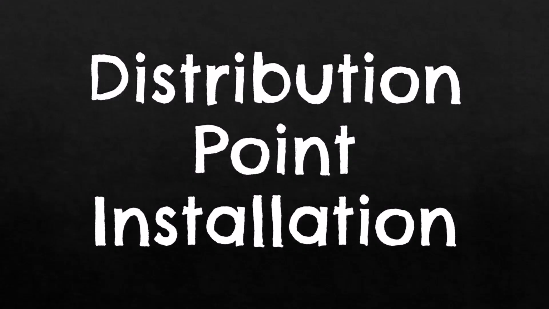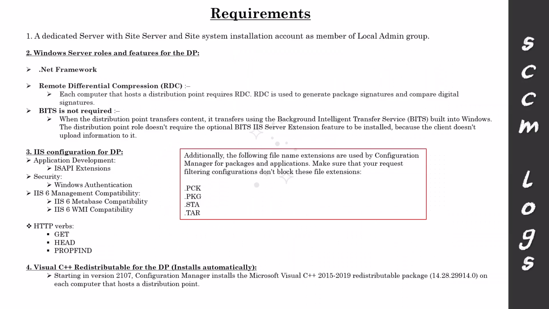Next, distribution point installation. We'll install one DP practically. What do we need? We need a dedicated server. We already have the dedicated server, and we need to add the site system installation account as a member of the local admin group and also on the site server.